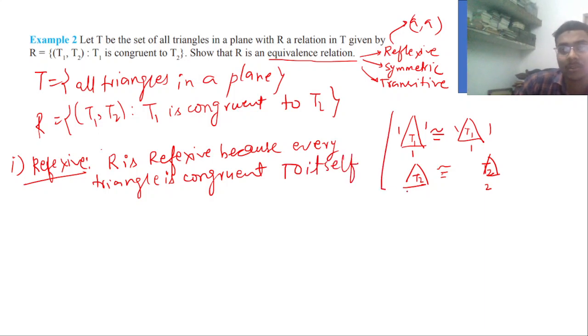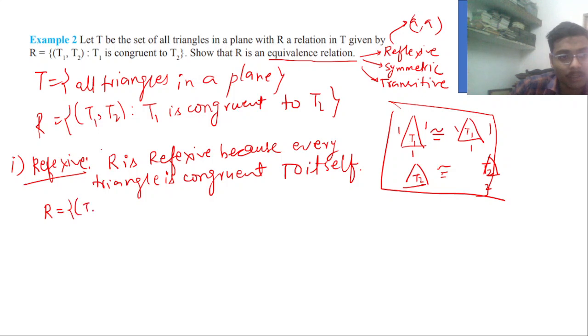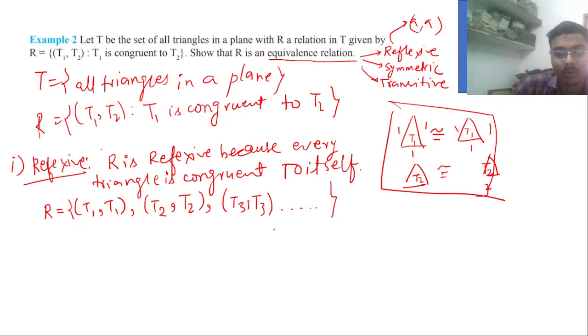So we write T1 comma T1: T1 is congruent to T1, T2 is congruent to T2, T3 is congruent to T3, and so on. So this is why the relation R is reflexive. Now we will have to prove the symmetric part.